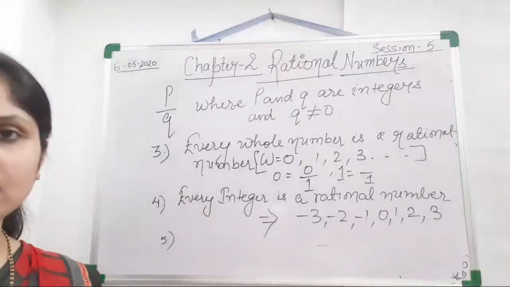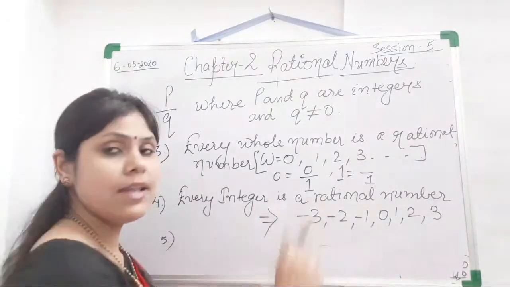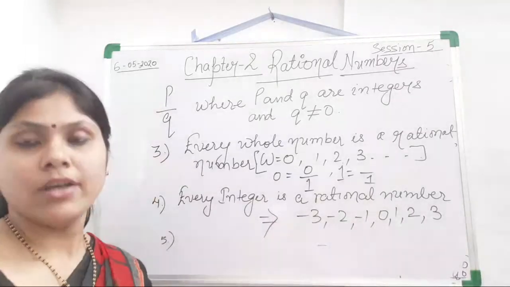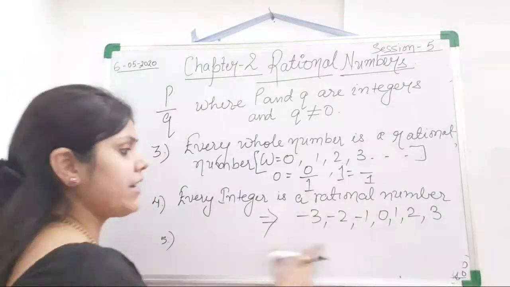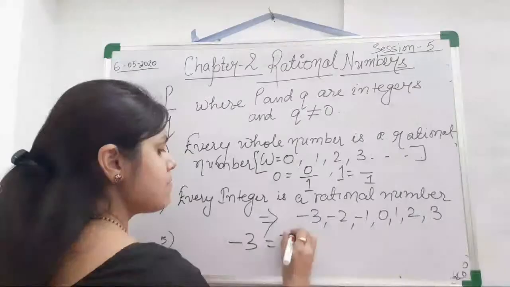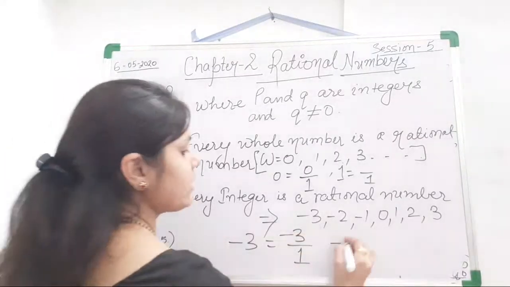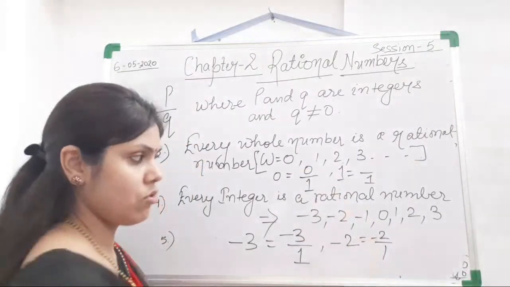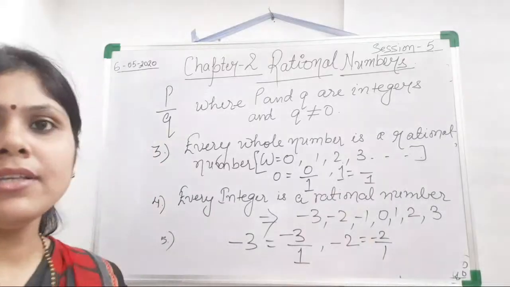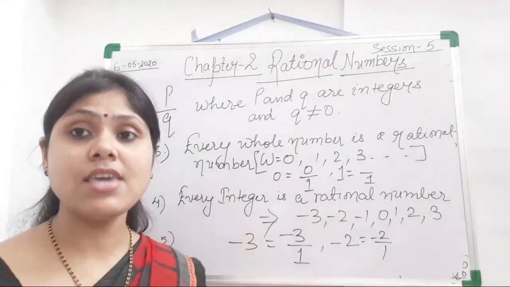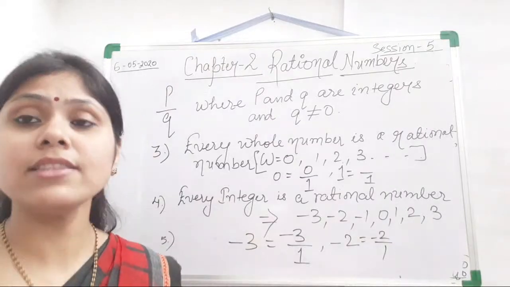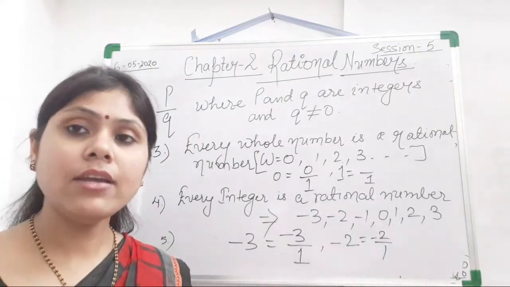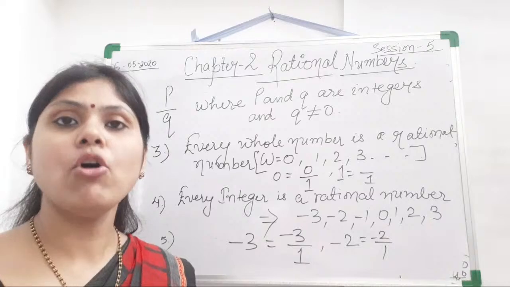We can write -3 as -3 upon 1, -2 as -2 upon 1, 0 as 0 by 1, and 2 as 2 by 1. Why are we saying it is a rational number? Because it satisfies the definition of a rational number, any number in the form of P upon Q.